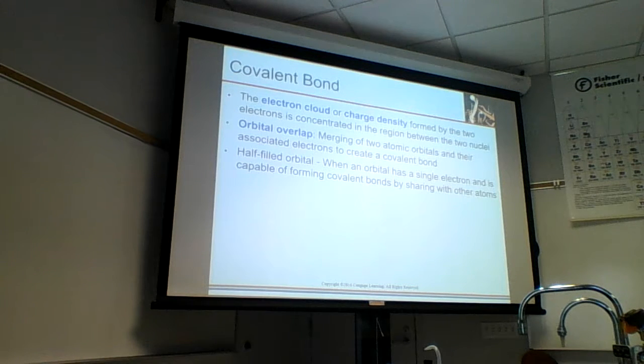For chlorine, the bonding region, the electron cloud, is concentrated here. So this is negative charge density. So that's a negative electron cloud. However, in the nucleus, we have positive charge.